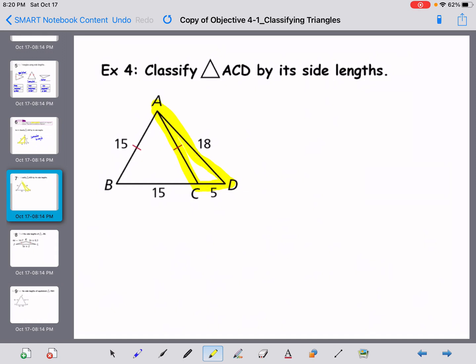All right, so if I looked at triangle ABC, I see I've got some congruency marks. So I could say that that's 15. So I've got a 15, an 18, and a 5. So this would be a scalene triangle.